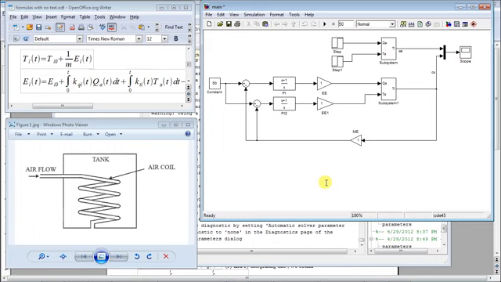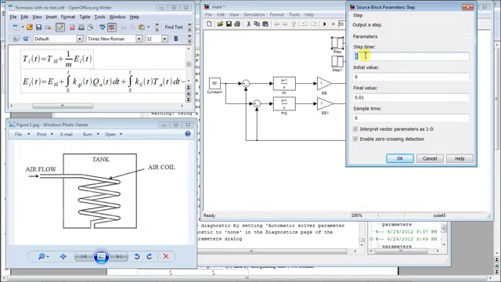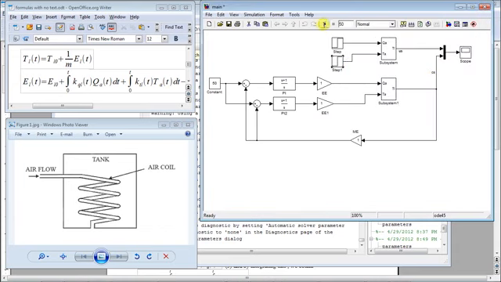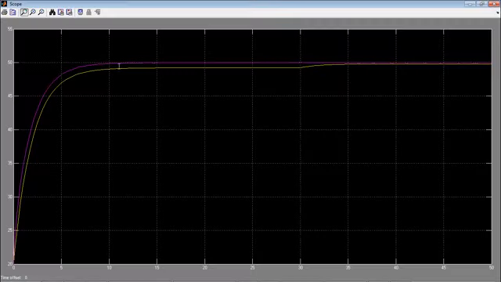Let's now adjust the parameters of the PID controller for a better performance. For that I'm going to compare the uncontrolled system with the control system again, and to give the uncontrolled system a fair chance I'm going to start the two inputs at 0 both, and I'm going to perform the simulation again.